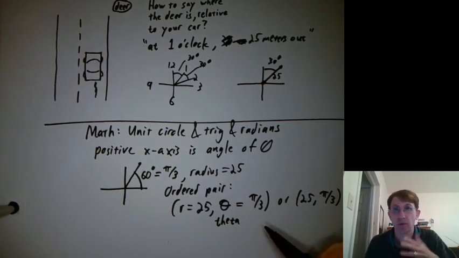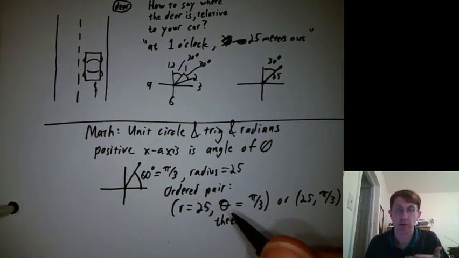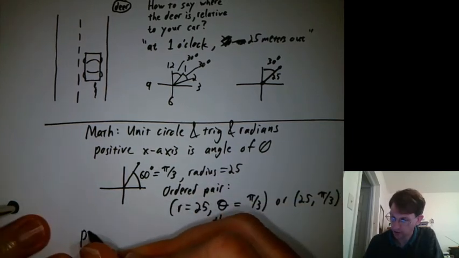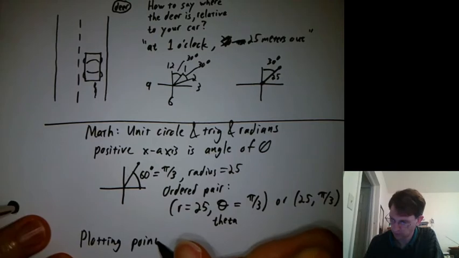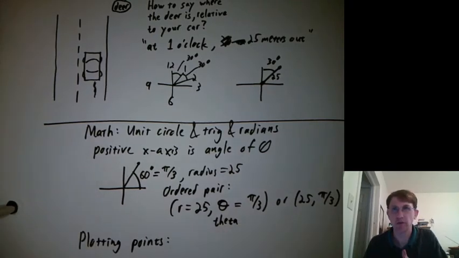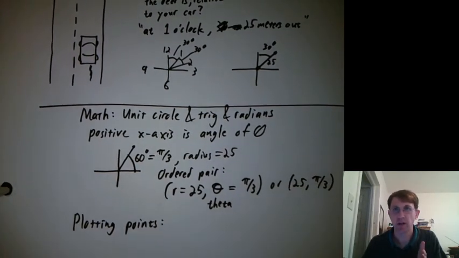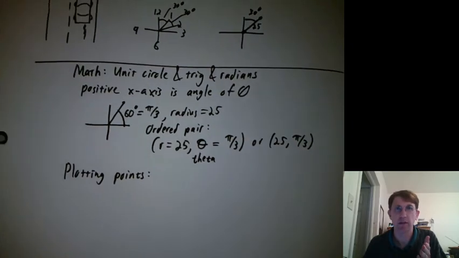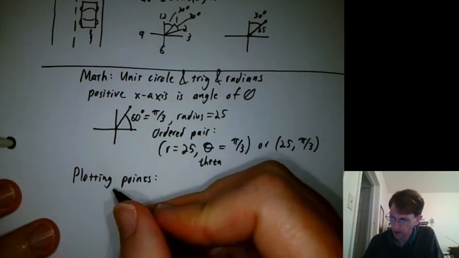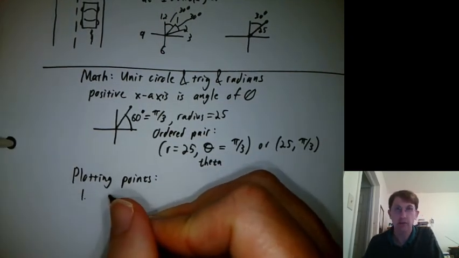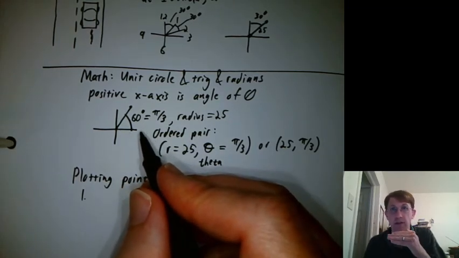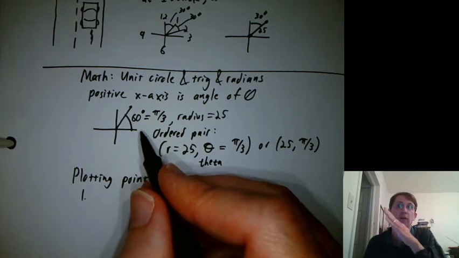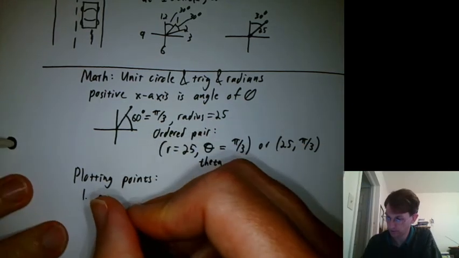Let's talk a little more about plotting ordered pairs or points in polar coordinates. There are two views of it. It's good to have both views in mind. One will end up being a little more handy for the calculus we want to end up doing. We could say that first you go out along the x-axis for the designated radius and then turn by a designated angle.